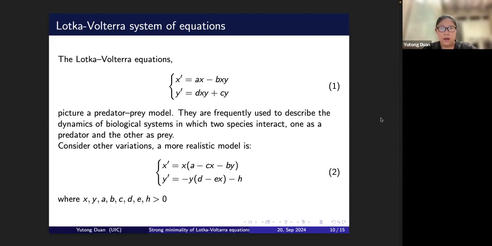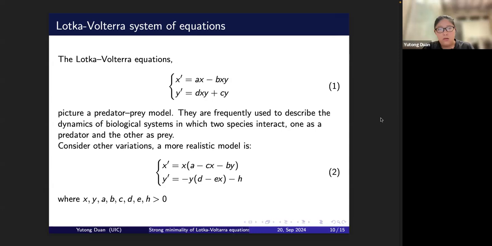If we add some other variations, you can have x prime equals x times (a minus cx minus by), y prime equals minus y times (d minus ex minus h). Here x denotes the number of prey and y denotes the number of predators. X is prey and y is predator.